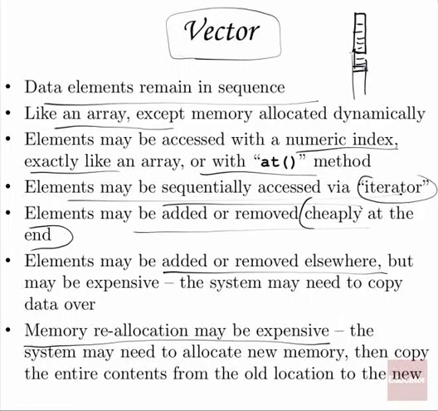But that space after it might get allocated to something else. Now I need more space. Since this space has been used already, it will have to allocate some memory somewhere else in the system, and then it has to copy all the existing data over to the new memory, and that's time consuming. So we're going to cover some methods where you can say, I think I'm going to use this much space, and you can reserve that much space so that you can avoid the possibility you may have to reallocate more memory.